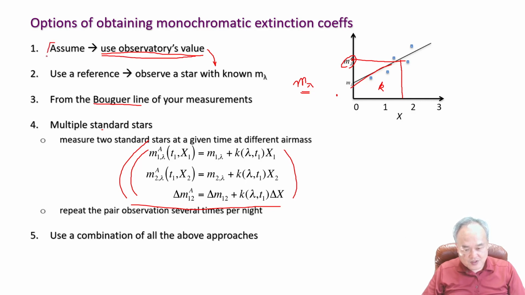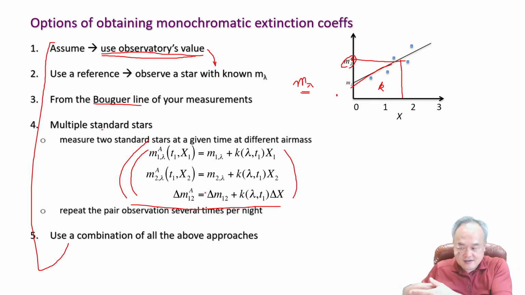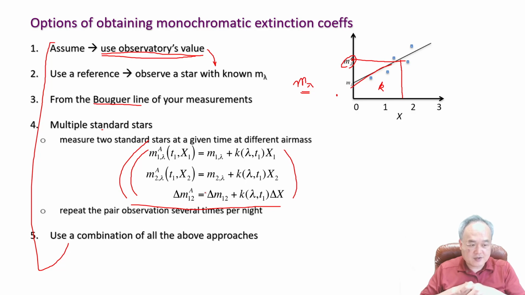All these methods can be combined in a single shot, and then you compare the behavior of your own standard stars, and whether that is reasonable in the context of what the observatory provides. So you can build in a cross check, but all in all, you get the extinction coefficient one way or the other. Then you can eliminate the effect of the atmosphere from your measurement.